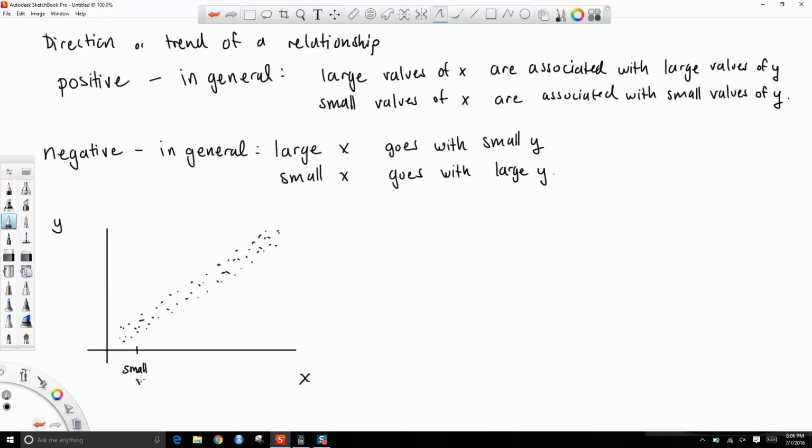These are small x and these are large x. Okay, and over here we have small y and large y. So if we look at where the data is for the small values of x, we see that they are also near the small values of y. And if we look at where the data is for the large values of x, we see that they are also large for y. So this would be a positive relationship.